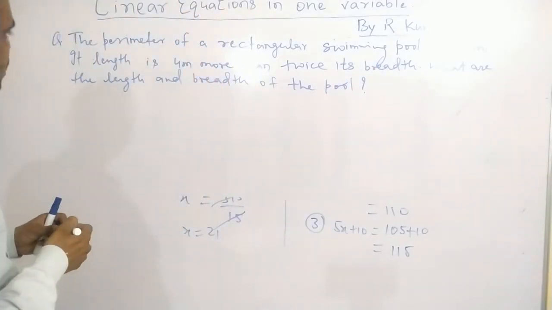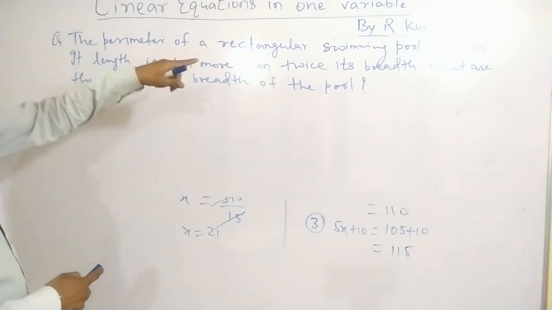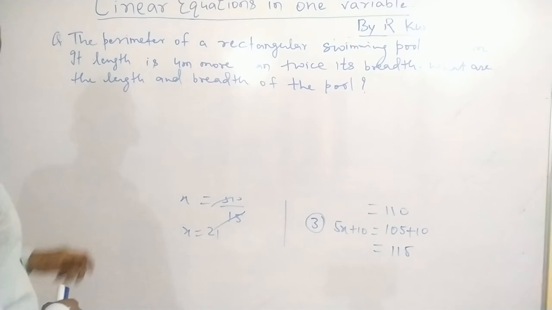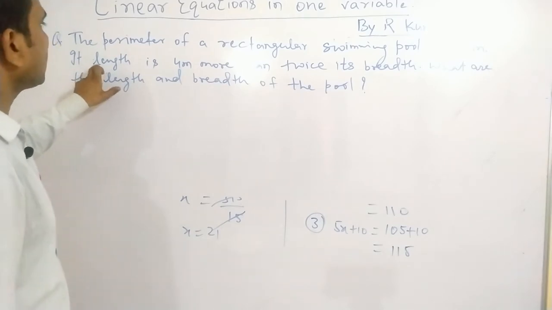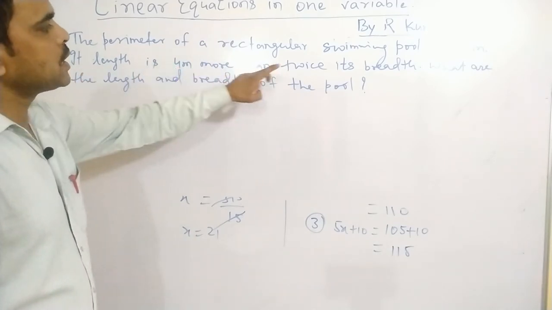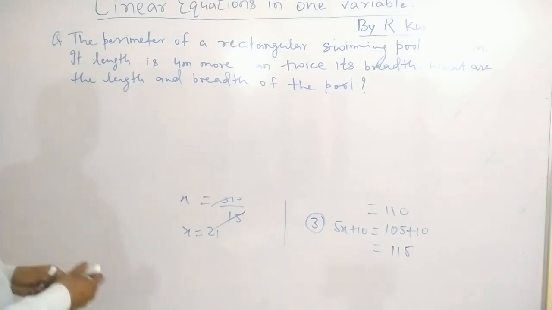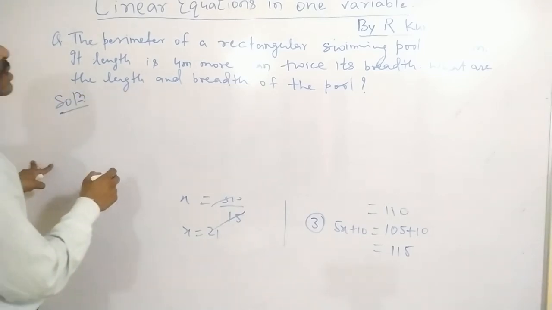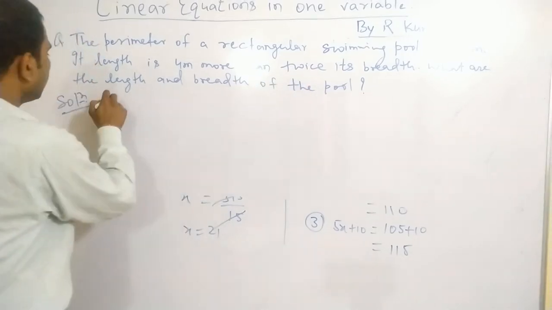Now, once again you read the question carefully. Perimeter is given there, that is 188 meters. For the length, it is said there, length is 4 meters more than twice its breadth. So, in the solution, you consider for breadth.